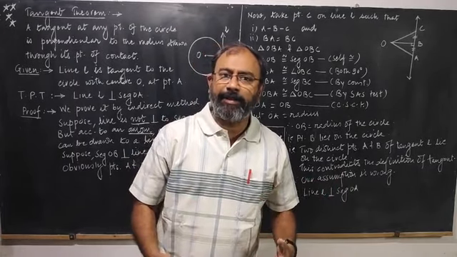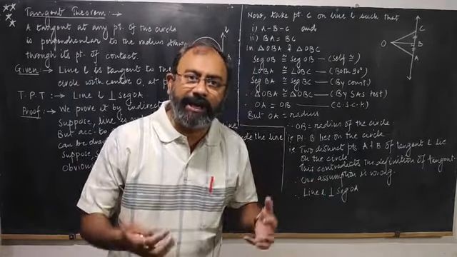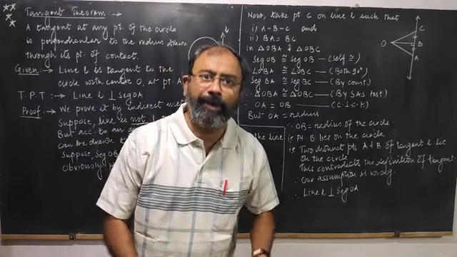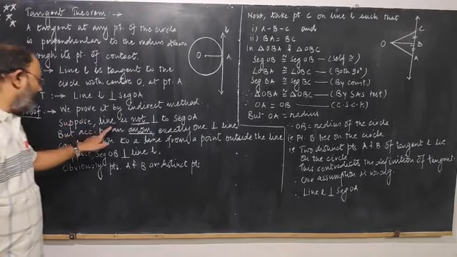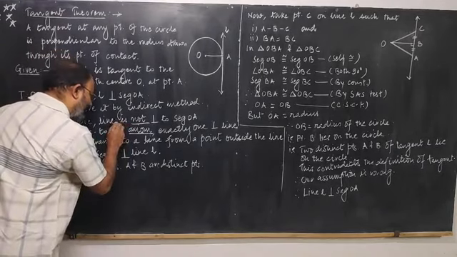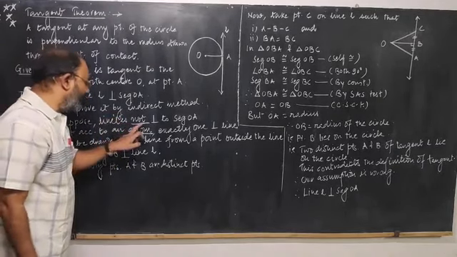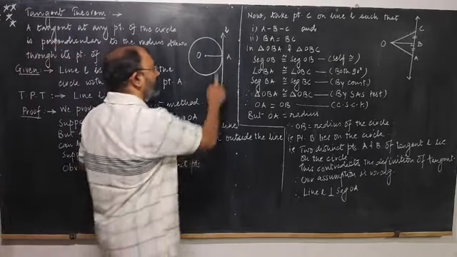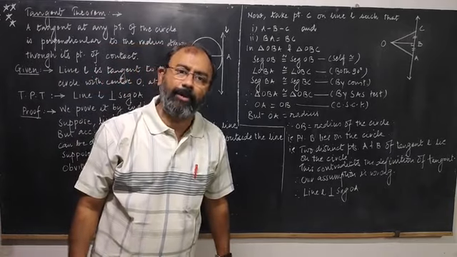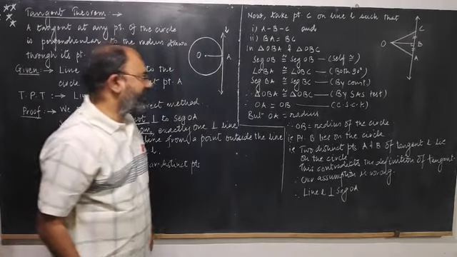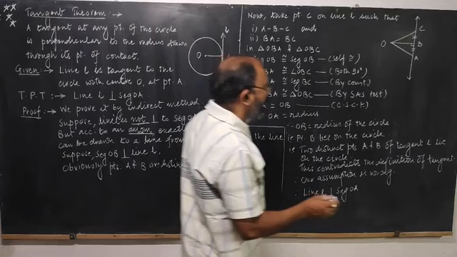In the indirect or contradiction method, we start with the opposite supposition of what we want to prove. So we will start with the supposition: suppose line L is not perpendicular to segment OA. But we have studied an axiom.